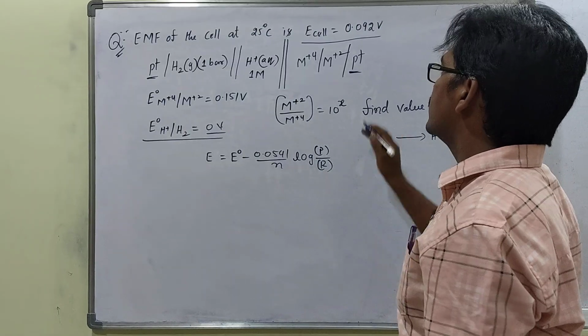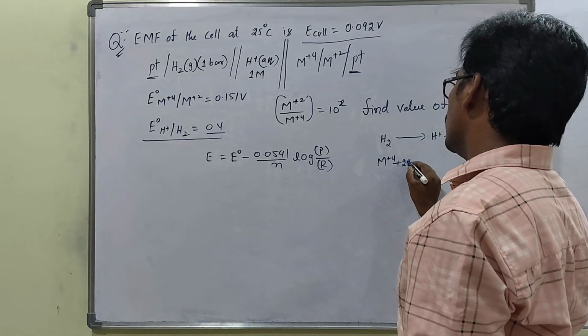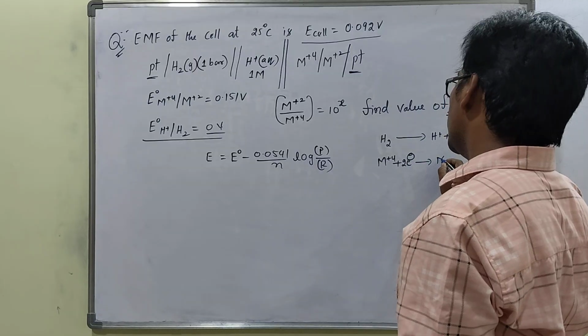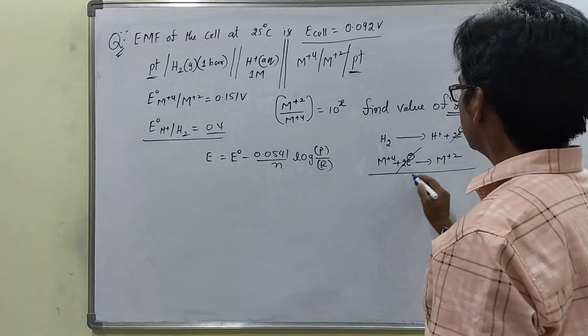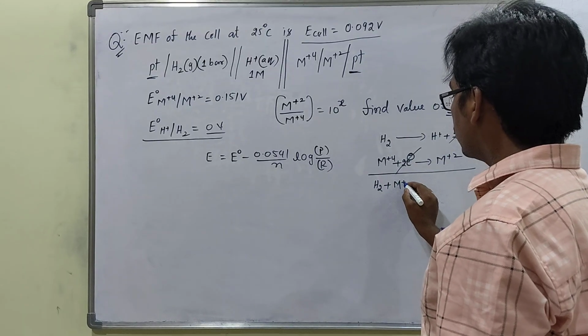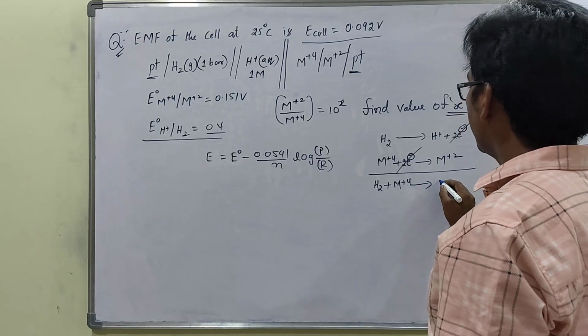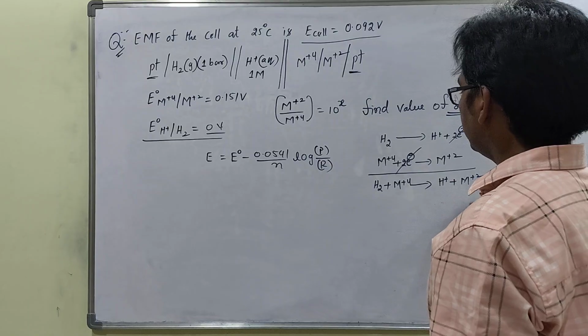Then what about the reduction taking place? That is M plus 4 taking 2 electrons, then it will be converted into M plus 2, right? 2 electrons are cancelled, then you get H2 plus M plus 4 gives rise to H plus plus M plus 2, like this is mentioned.